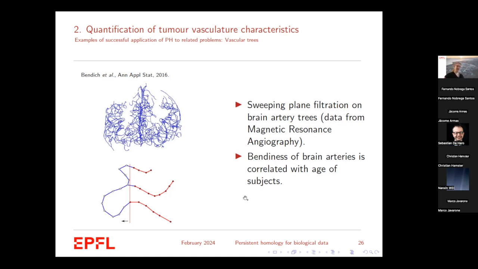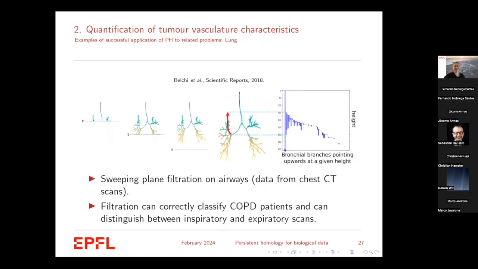It turned out that in dimension 0, so in the connected components, they were able to actually measure the bendiness of these brain arteries, and this was correlated with the age of the subjects. Then Belki et al. did a very similar thing with airways. They used the sweeping plane filtration on airways, starting at the nose and then going stepwise down.